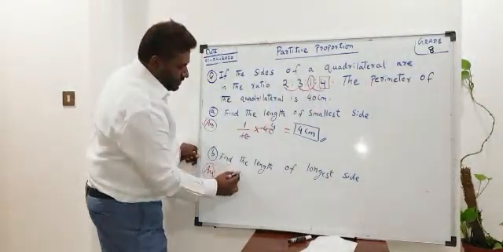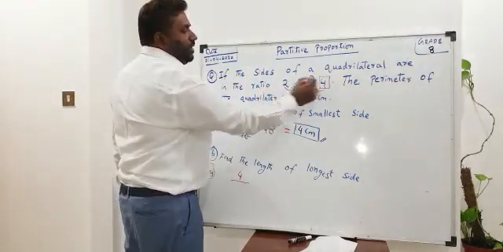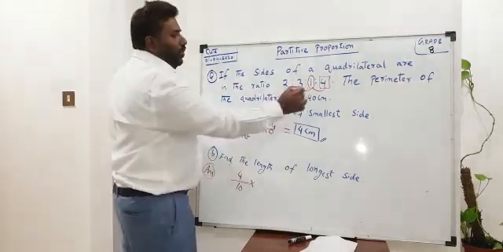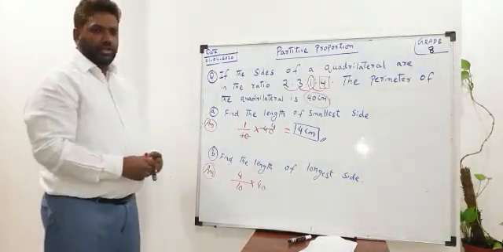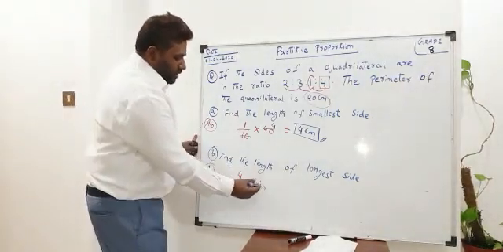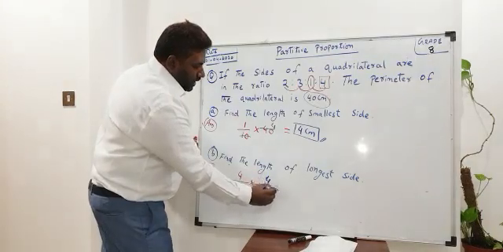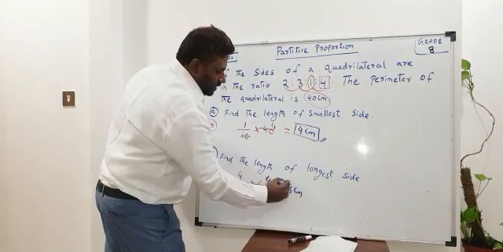So I will take the biggest ratio, 4, over the sum of all the parts, 10, multiplied by the total perimeter given, 40. So we are going to simplify it. 40 divided by 10 is 4, and 4 times 4 is 16 centimeters.